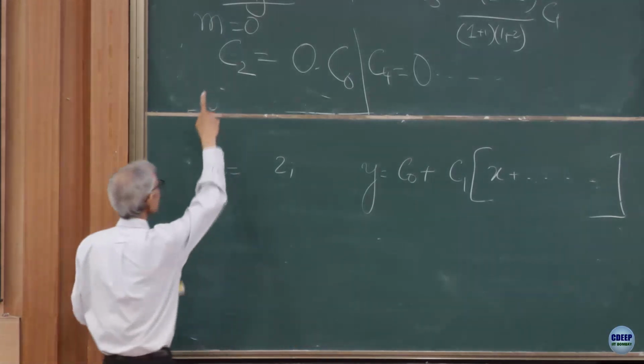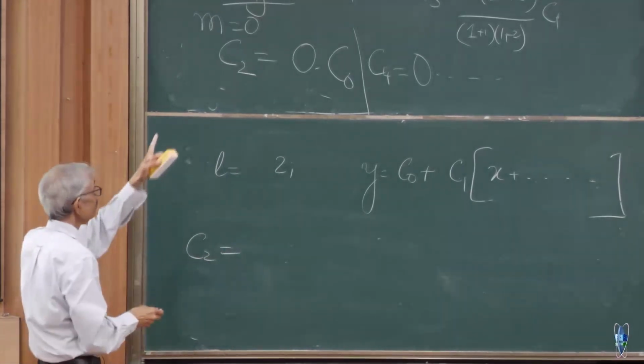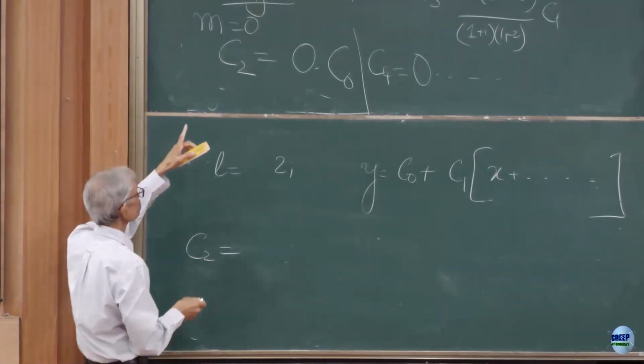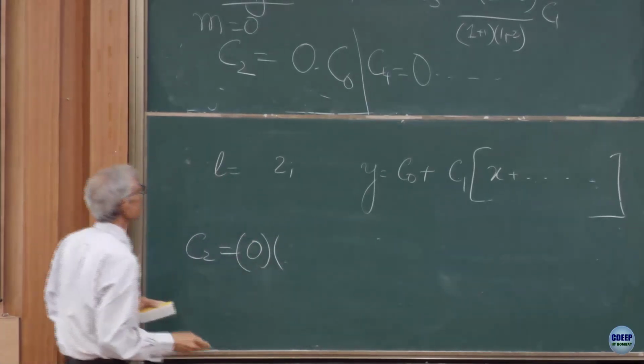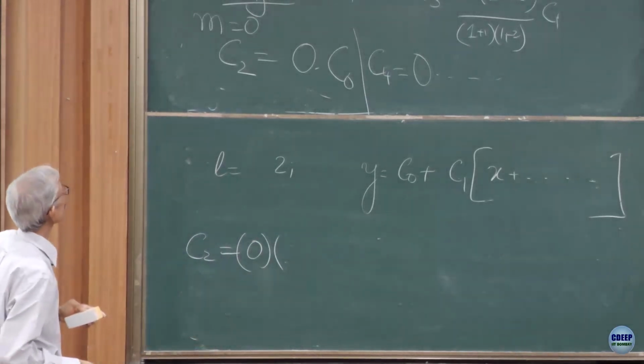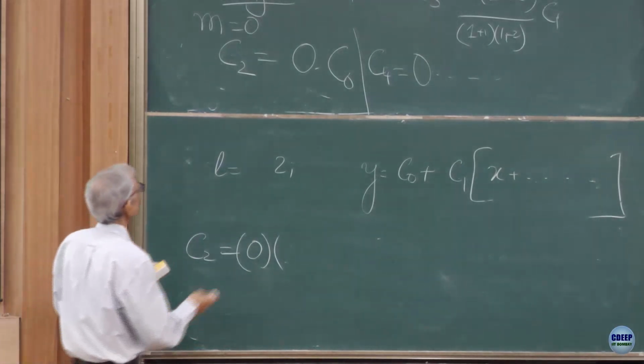M equal to 0 in that equation. So C2 is equal to M equal to 0, L equal to 2. So M equal to 0, L equal to 2, C2. Okay.